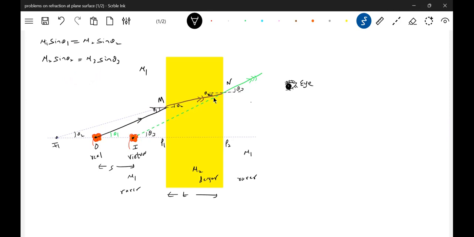So from the triangles P1, M, from there we are supposed to solve this.